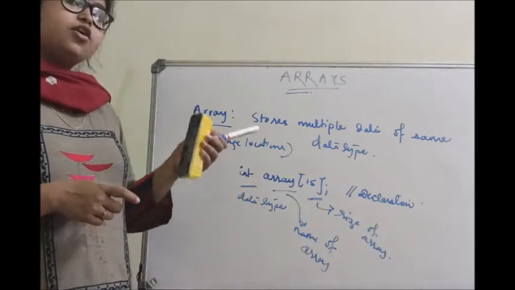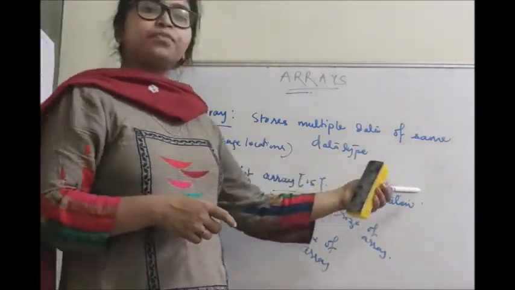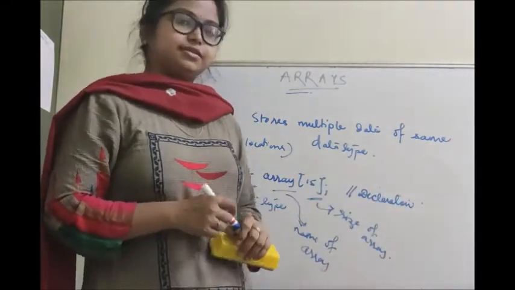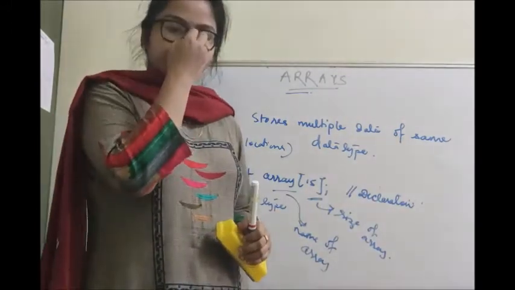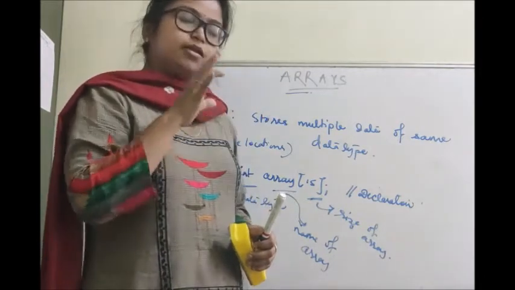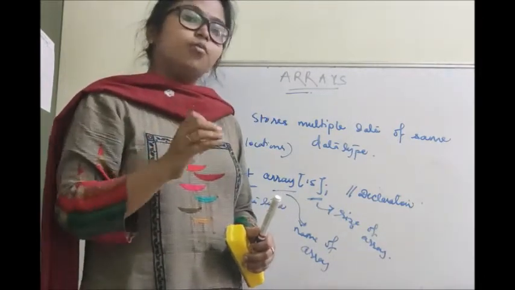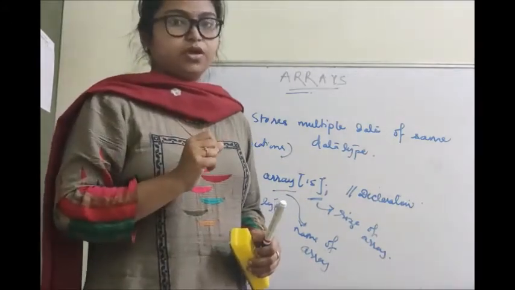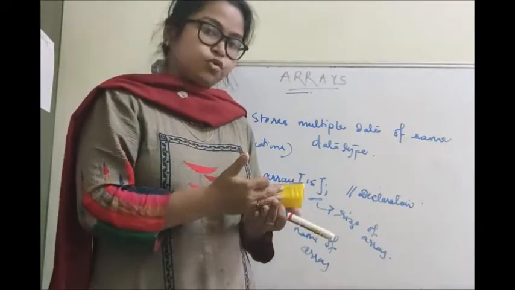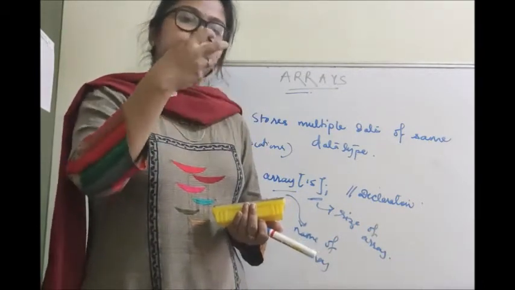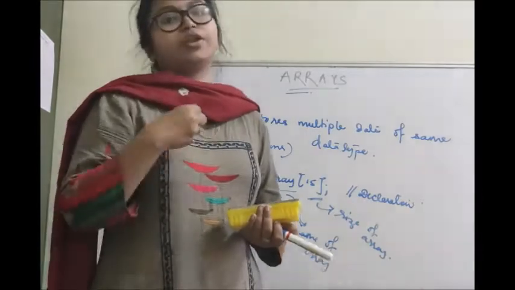Even if we are not giving the size, we have to initialize the array. The bottom line is the compiler in case of array must know beforehand how much memory location to reserve for storing the data.